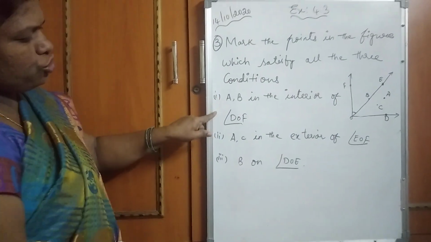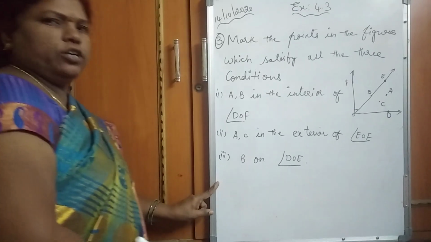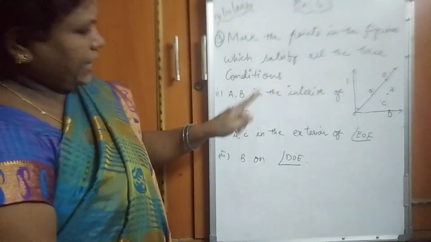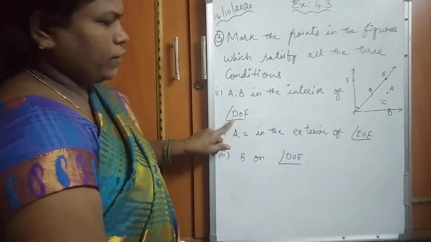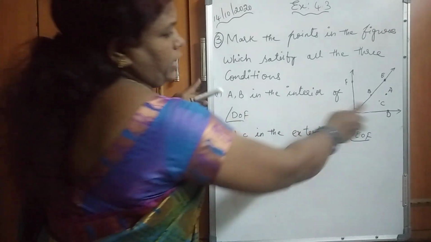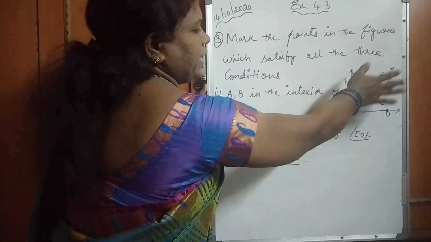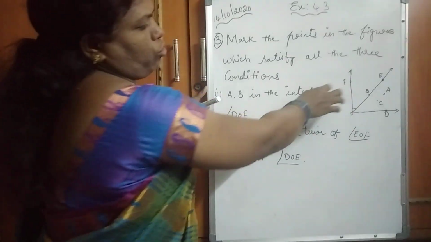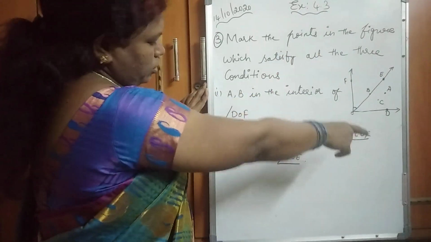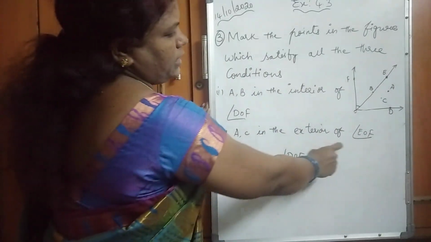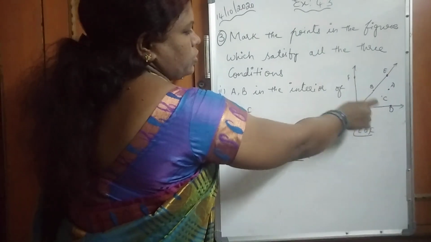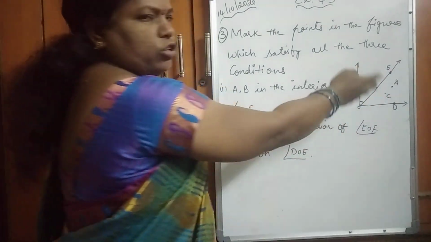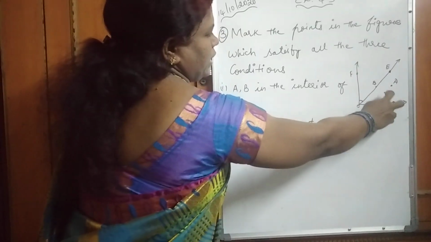Understood, children? You should see that all the three conditions are satisfied. First condition is satisfied: A and B are in the interior of angle DOF, not exterior, not on the line. A and C are in the exterior of angle EOF.